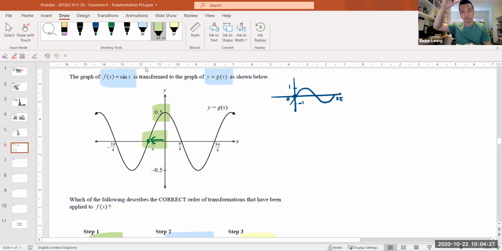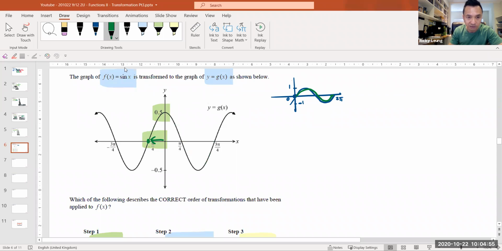So if the amplitude comes down, that's a vertical dilation. If it shifts over to the left by pi on 4, that's a horizontal translation. Last piece of the puzzle, you can also see that a full wavelength used to be 2 pi. A full wavelength now goes from that to that, and that gap there looks to be just pi.